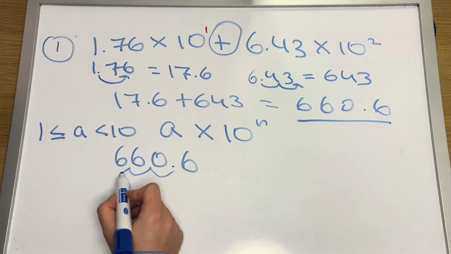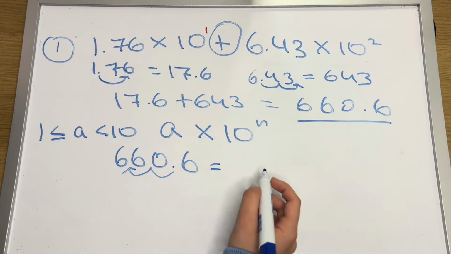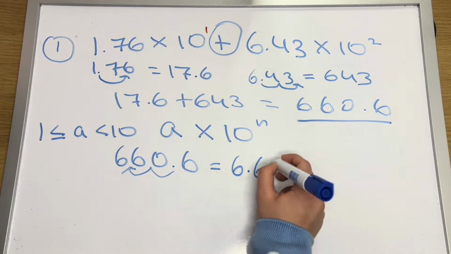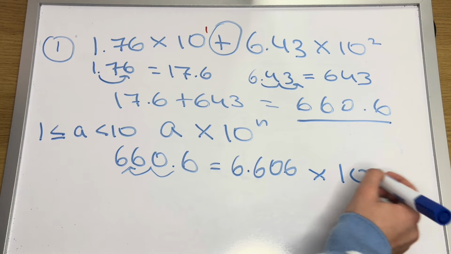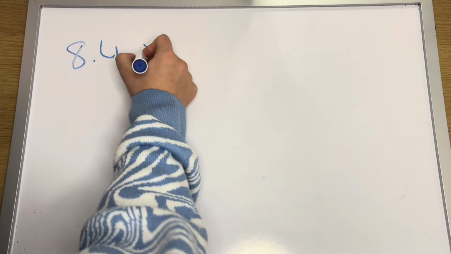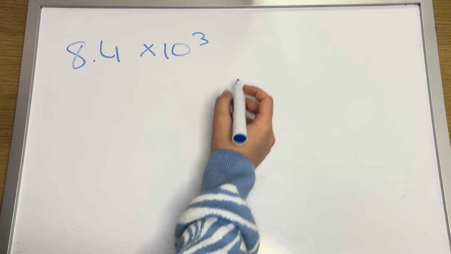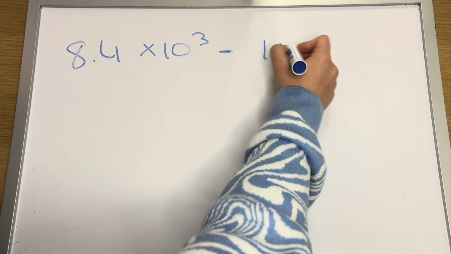So 1, 2, that gives us 6.606 multiplied by how many times did I move the decimal place? It was twice.